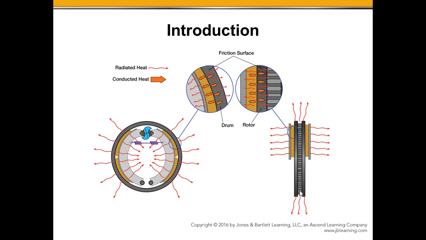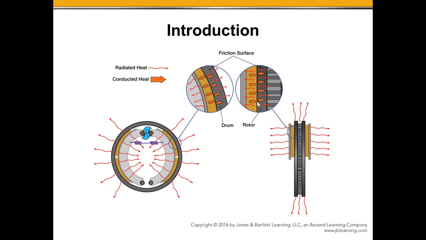A disc brake here, so the spinning disc in the center is again attached to the hub that's attached to the wheels, and then stationary brake pads that are located there at the axle. So we will use the brake pads or the brake shoes to force the friction material into the drum, creating that heat, and now we need to have that heat transfer either out into the drum or through the shoes into the spider to the axle, and then the air rushing around the axle dissipates that heat.